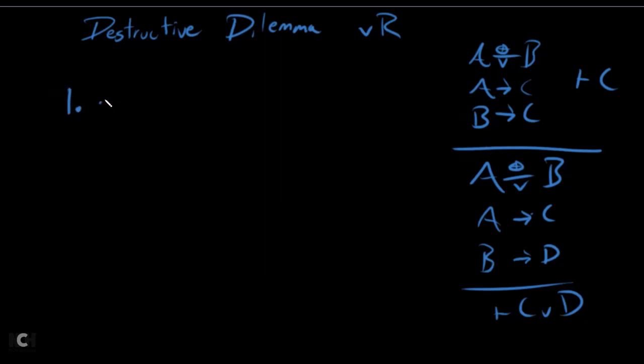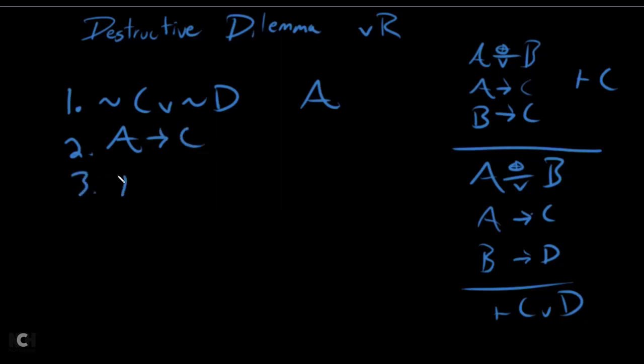Let's say we had squiggle C, wedge, squiggle D as an assumption. Let's also say that we had A arrow C, and let's say that we had B arrow D. Assumptions. Okay, now this kind of looks like this.